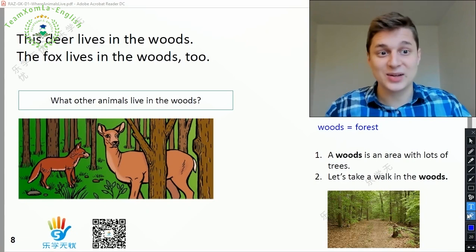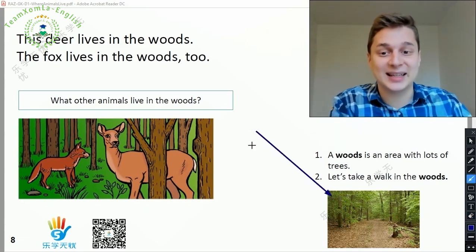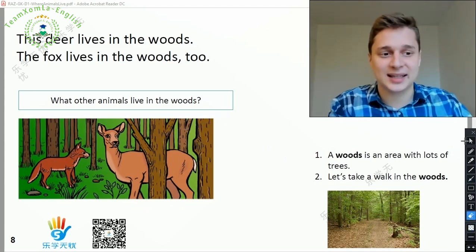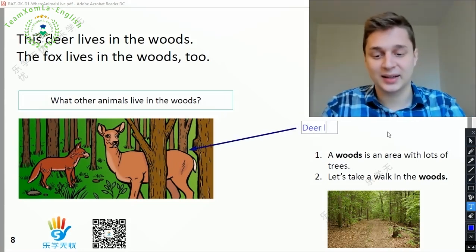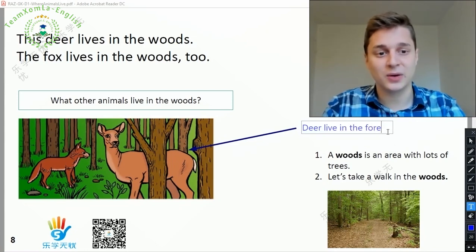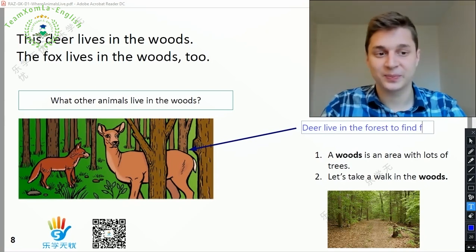But what you can do is find lots and lots of plants and leaves and tree branches that deer love to eat. So, deer live in the forest because of food. Deer live in the forest to find food.